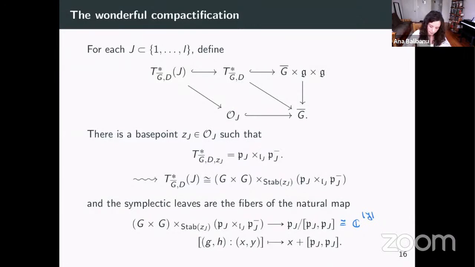And the answer is that because points in this Lie algebra consist of pairs with the same Levi component, it doesn't really matter if I use X or Y, I will get the same leaves either way.